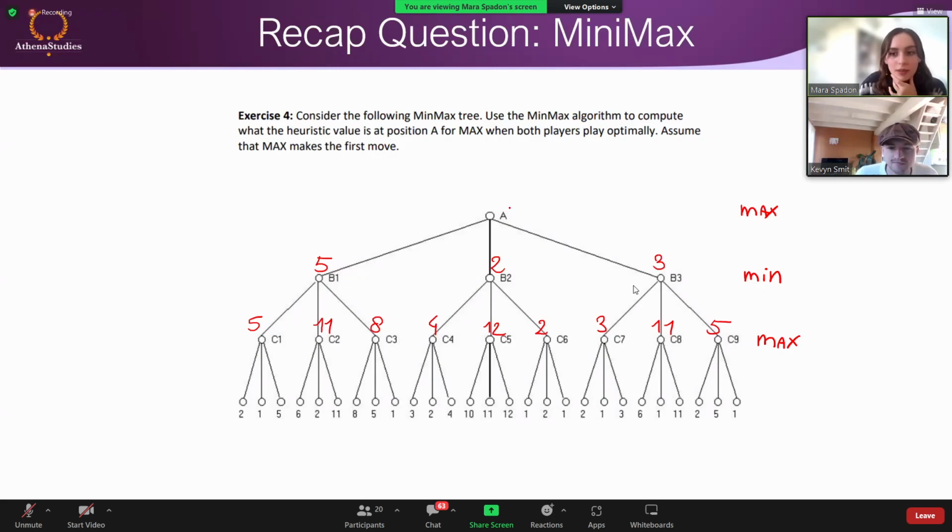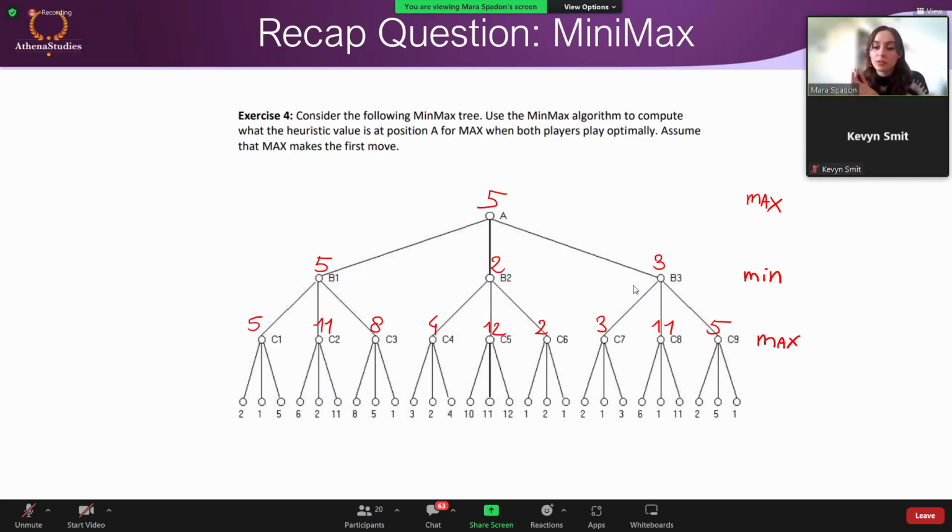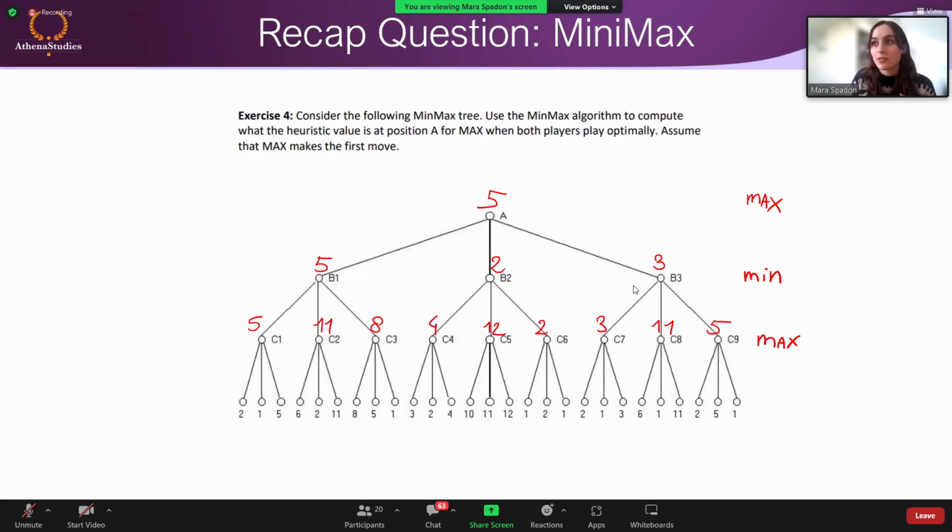And then max would pick the highest of those 3, so 5. Yes, exactly. So that is indeed how minimax works. So you see whose turn it is, and if they play optimally, then min chooses the smallest value from all its children, and max chooses the highest value. So that was perfect.